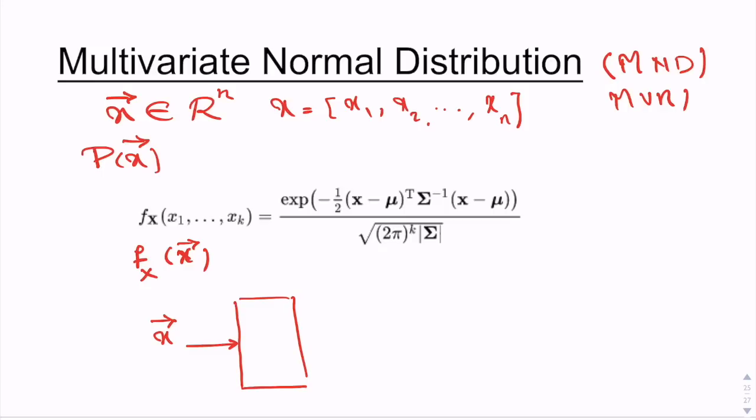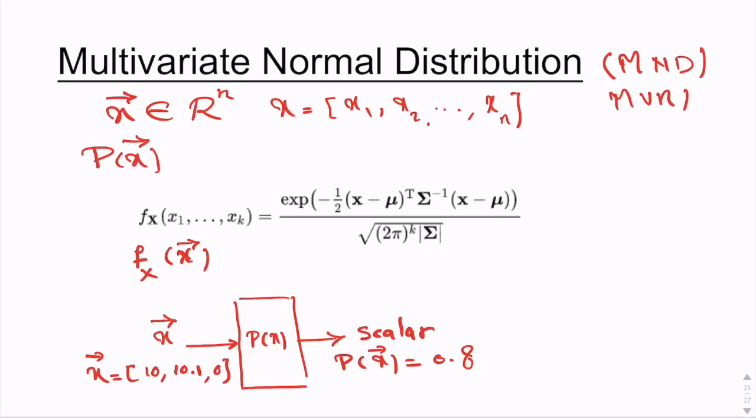If you present a vector to compute the probability distribution, the output is a scalar. It's only one number, a probability. So if x is a vector whose values are 10, 10.1, and 0, the probability of x is, let's say, 0.8.